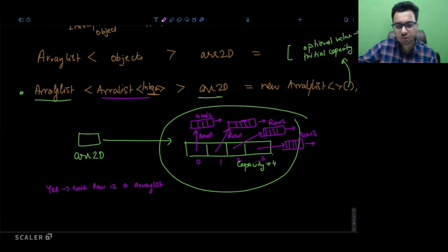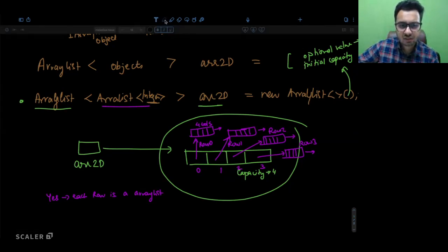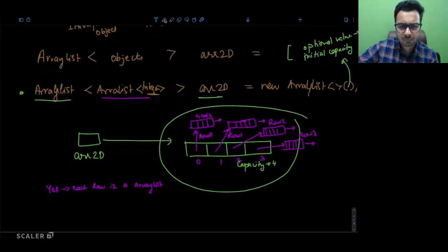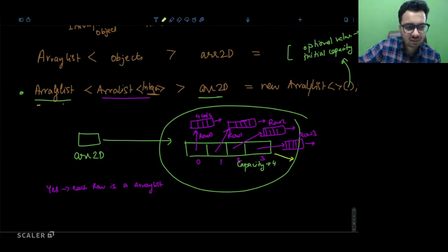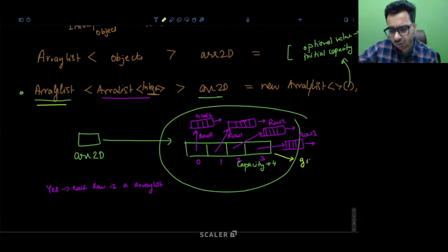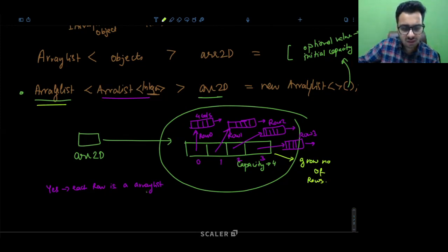Can we add more rows to this array list? Of course, yes, because this green array is also of the type array list. Hence, we can also grow the number of rows. And each row is an array list, hence you can add more columns in any row.